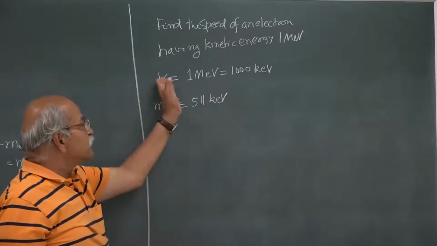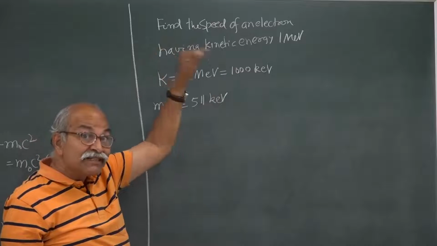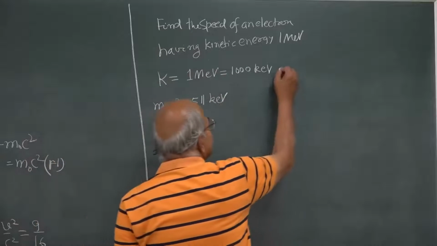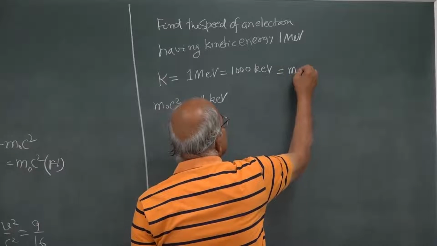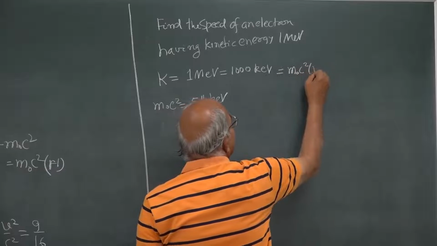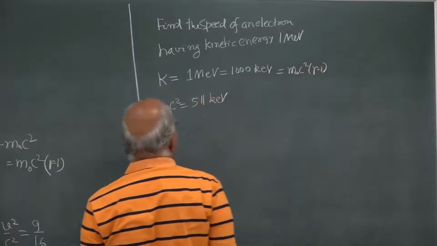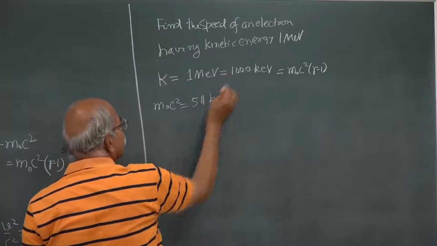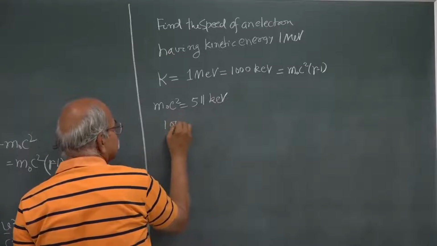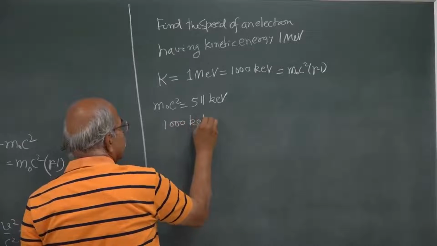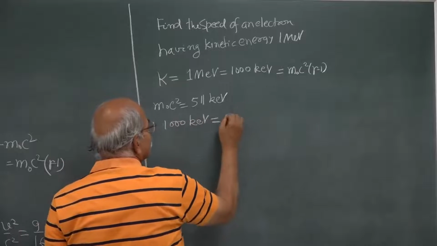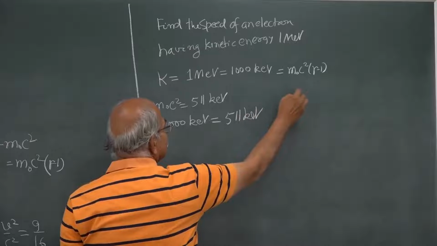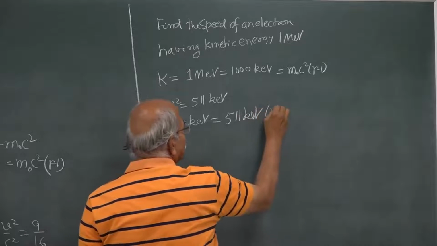So the relativistic expression for kinetic energy must be used here, and that expression is m naught c square into gamma minus 1, where m naught c square is the rest mass energy. So you have 1000 keV is equal to 511 keV into gamma minus 1.